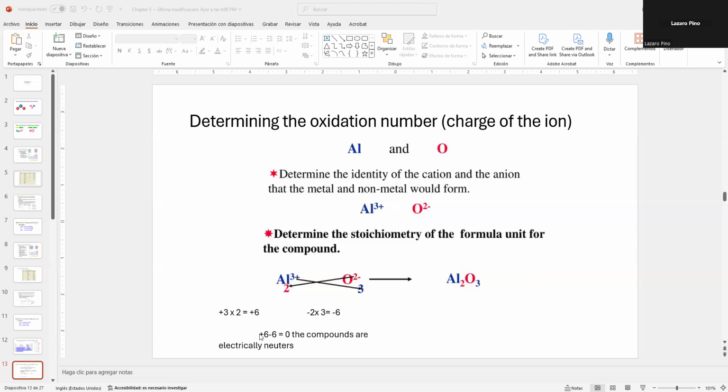If we add +6 and -6, we see that the total charge of the compound is 0, because compounds are electrically neutral. Remember that.